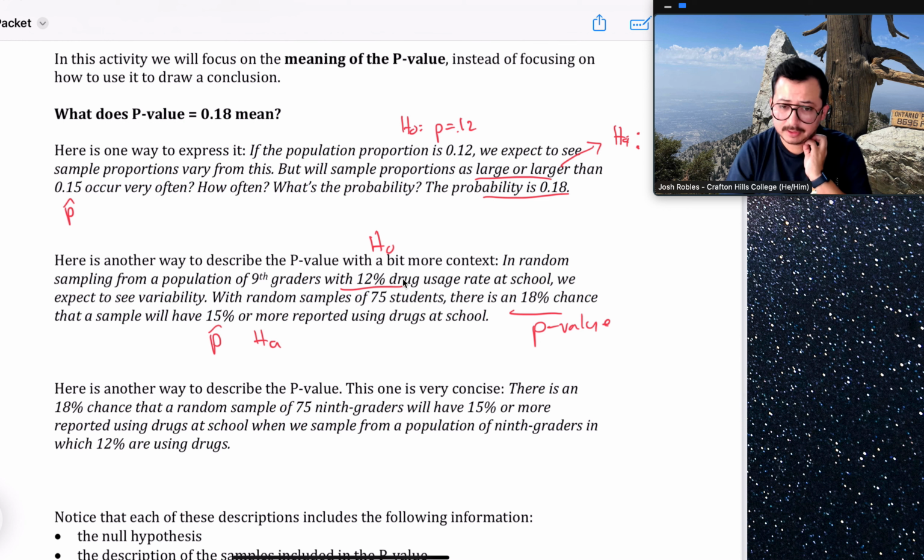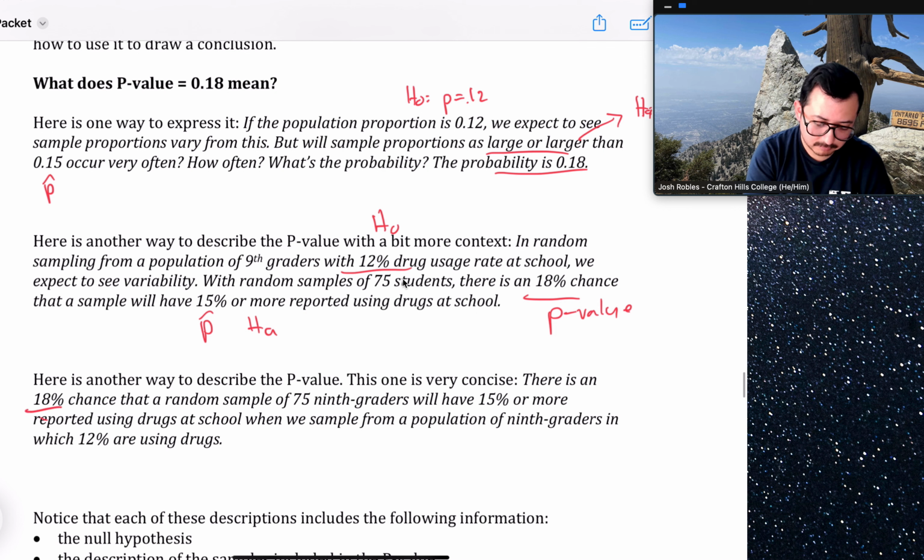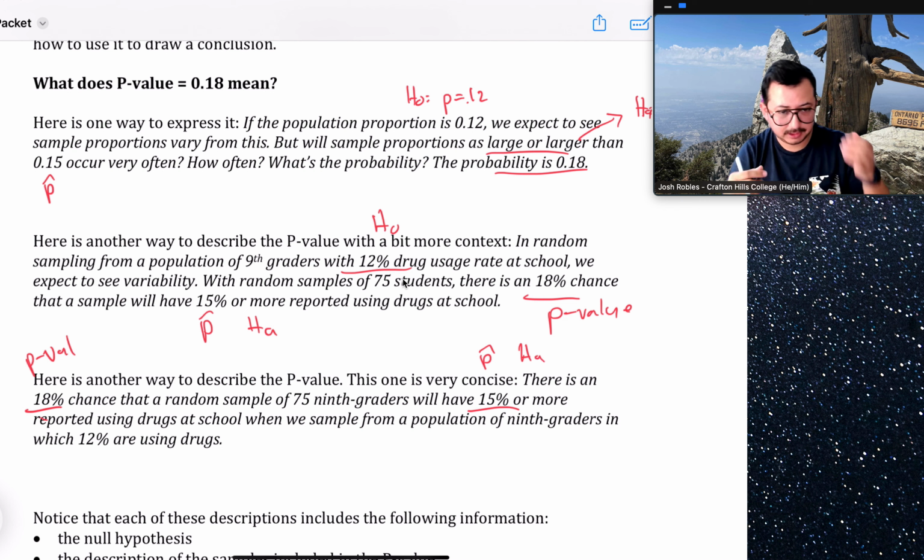All right, and then just one last way to word that, since this one's very concise, there's an 18% chance that a random sample of 75 9th graders will have 15% or more. So 18%, that's the p-value. 15% or more, it's a combination of p hat with the alternative hypothesis, so we know which way we're looking.